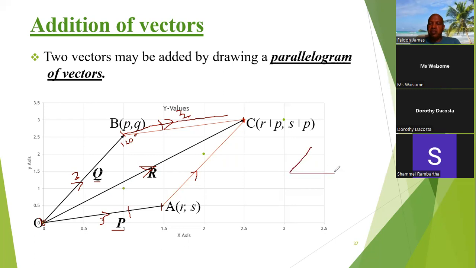Alright. When you use the cosine rule, you must be given two sides, right? So let's say that you are given this side and you're given this side. You are given two sides and you have an angle between the two given sides.